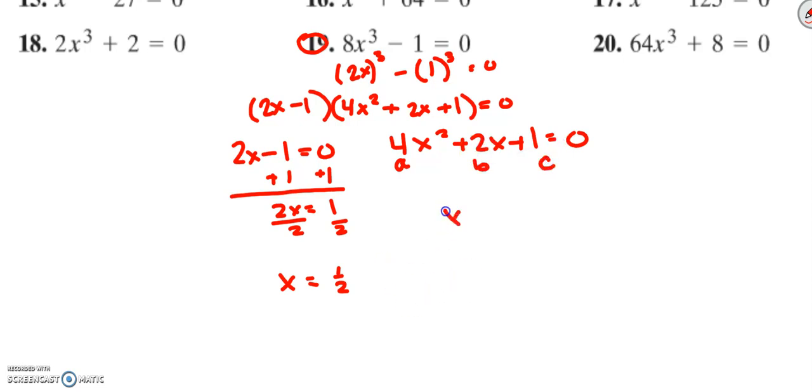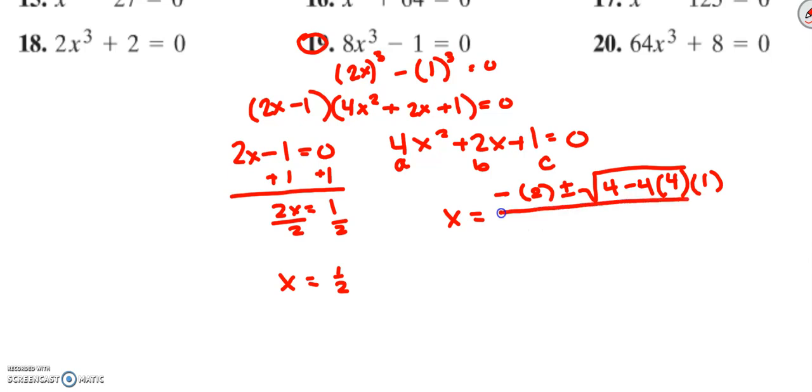So then we have x equals negative 2 plus or minus the square root of 2 squared, which is 4, minus 4 times a, which in this case is 4, times c, which is 1, all over 2 times 4. Underneath the radical, you have 4 minus 16, which is going to give you a square root of negative 12. And then we have the negative 2, and 2 times 4 is 8.